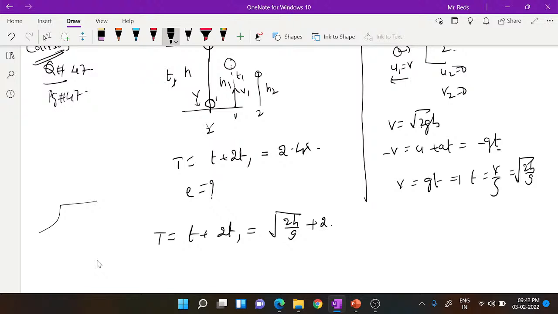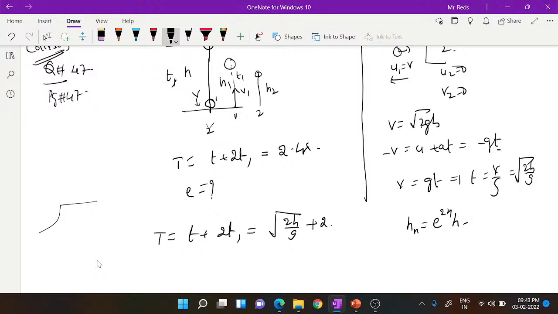We have to take this in terms of the coefficient of restitution. The height raised after the nth collision is hn equal to e power 2n into h.